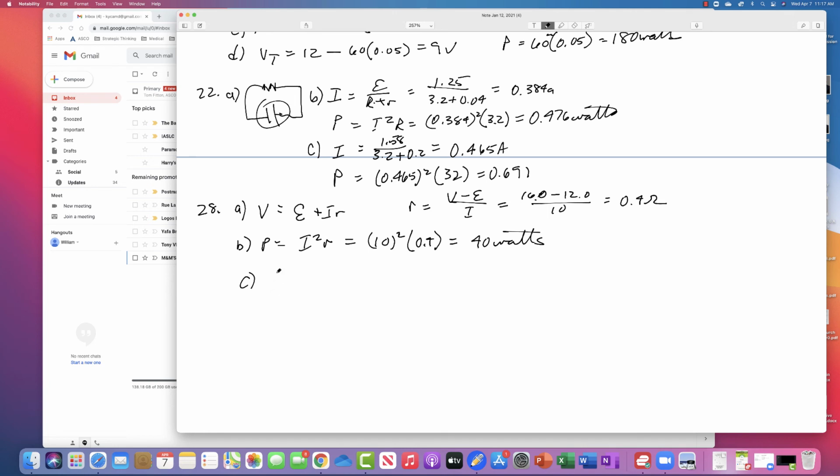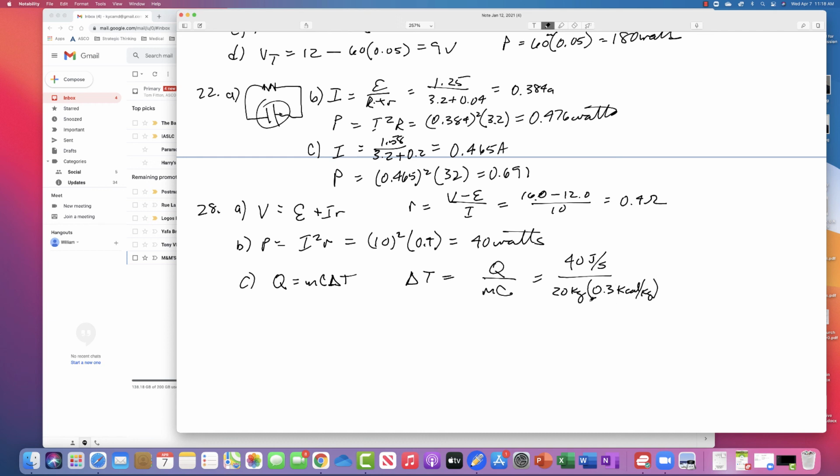Okay, so we have Q is equal to MC delta T, and what we want to know is delta T. So we say delta T is equal to Q over MC. And Q is 40 joules per second, okay? M is 20 kilograms, and C is 0.3 kilocalories per kilogram degrees centigrade.